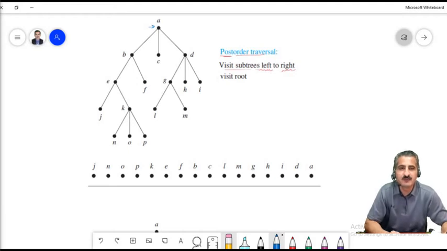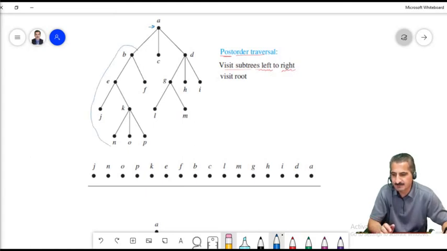We will go to visit the subtrees whose root is A. So we will visit this subtree, and then visit this subtree, and then visit this subtree, from left to right.